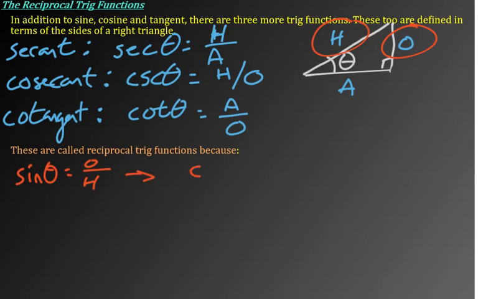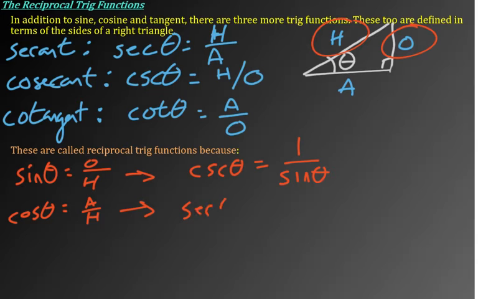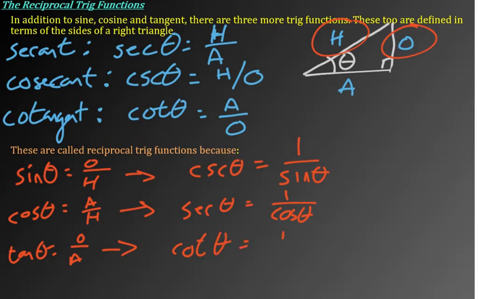And truly, cosecant of theta is 1 over sine of theta. And since cosine of theta is adjacent over hypotenuse, notice that secant of theta is 1 over cosine of theta. And last but not least, since tangent of theta is opposite over adjacent, notice that cotangent of theta is just 1 over the tangent of theta.